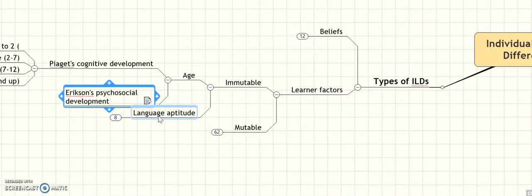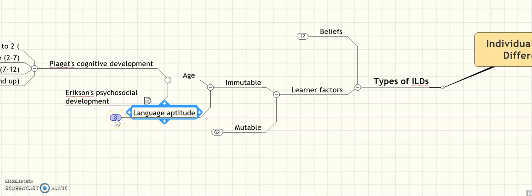Another factor which is immutable is language aptitude. Some people are endowed with good language aptitude, some do not. Some have the ability to learn language easily, some don't.